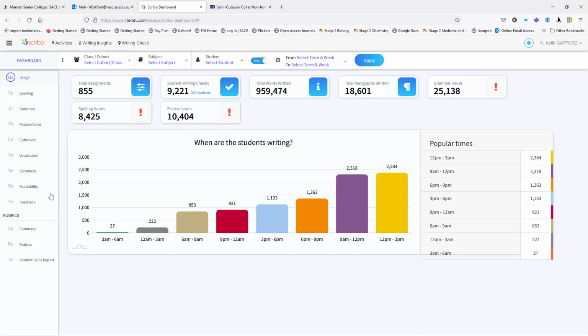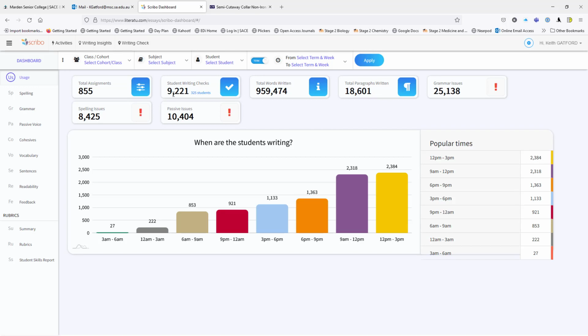So what we're looking at here is a general overview of the whole school across the whole time that we've been using Scribo. So you can see in just over a year, we've had nearly 1 million words written by our students and put through Scribo.